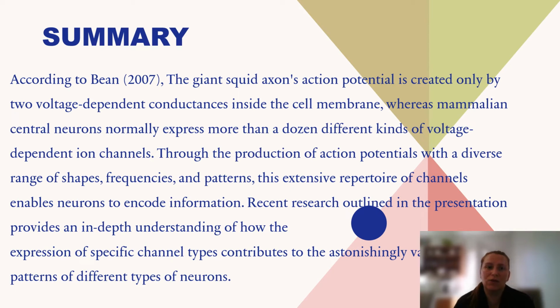So the action potential of a squid's giant axon is formed by just two voltage-dependent conductances in the cell membrane. But mammalian central nervous system neurons typically express more than a dozen different types of voltage-dependent ion channels. So it's much more complex than the original form that we were studying in the giant squid.